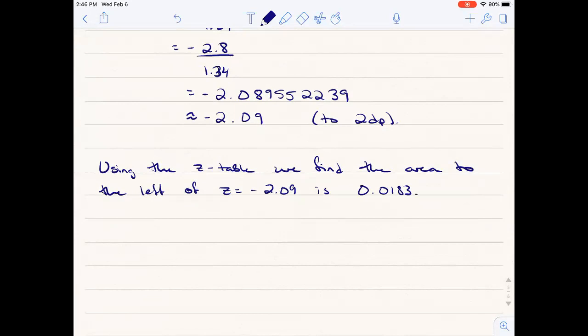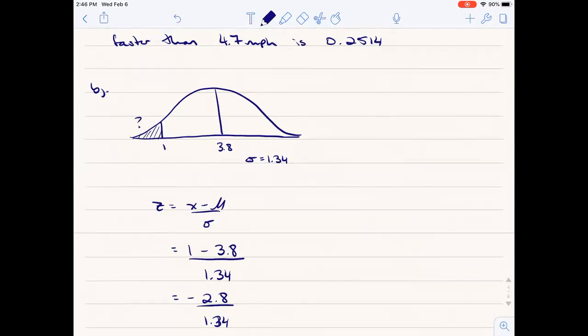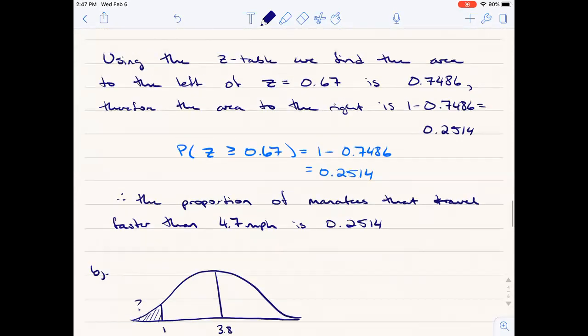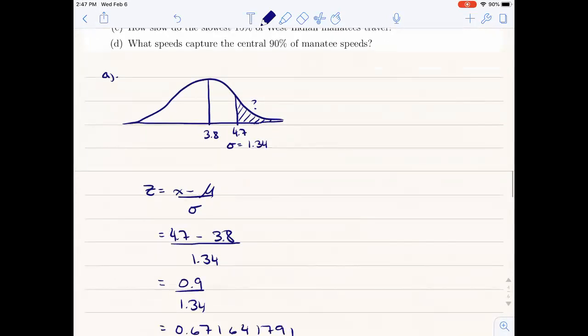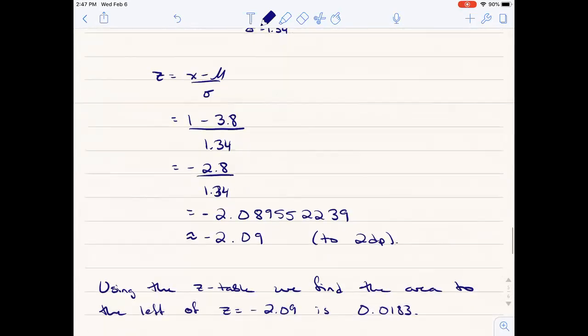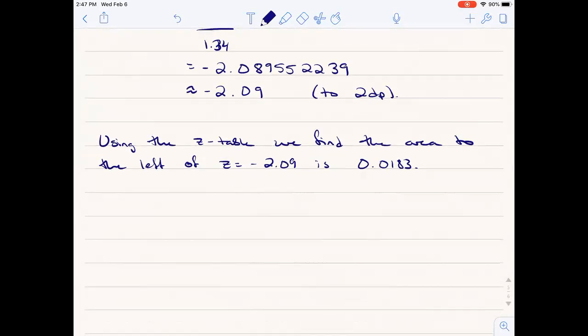And that is the area that we want, right? Just judging by our little graph that we made. We want the area to the left, so we can leave it there. So to answer the question, the probability of a manatee that travels slower than 1 mile per hour is 0.0183.